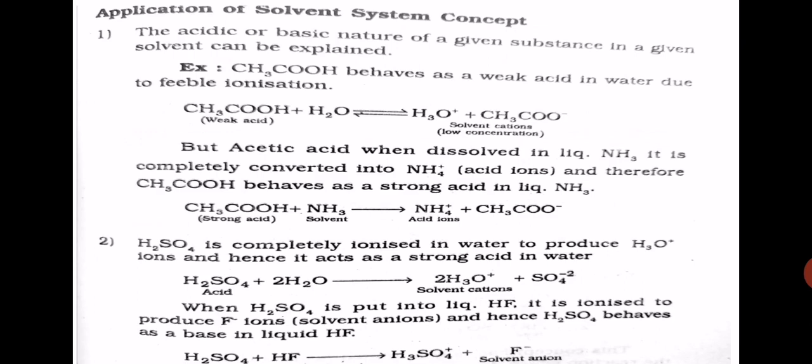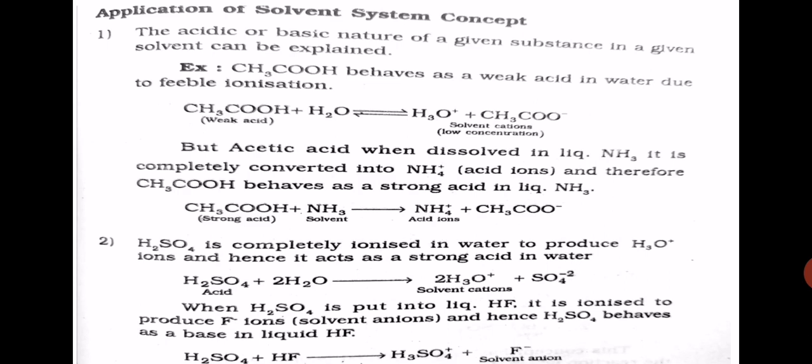But acetic acid, when dissolved in liquid ammonia, is completely converted into the ammonium ion, that is the NH4+ ion, and this is the acid ion, and therefore acetic acid behaves as a strong acid in liquid ammonia.